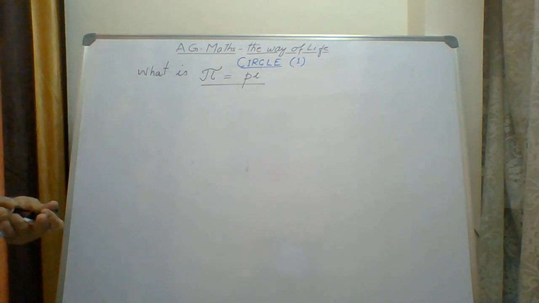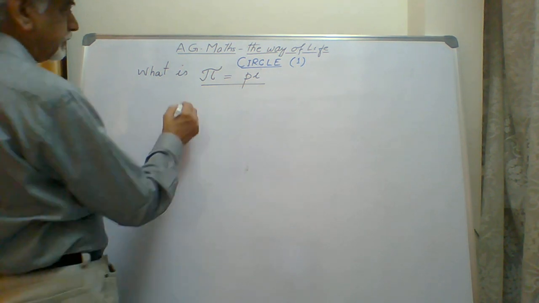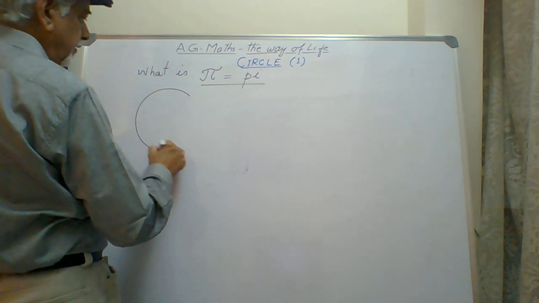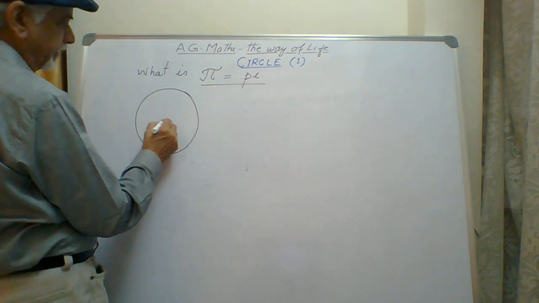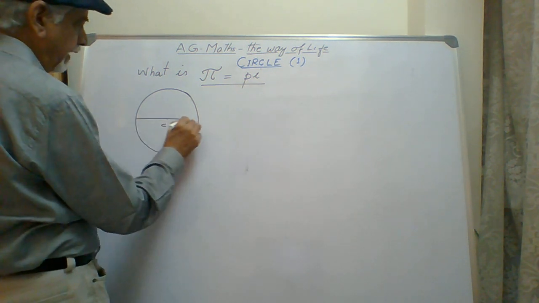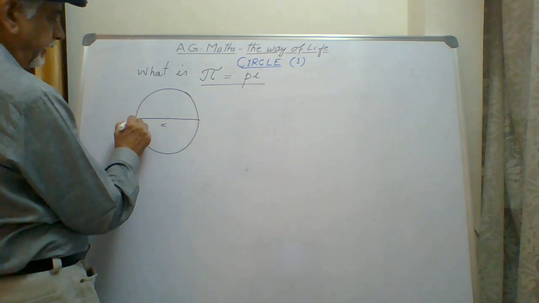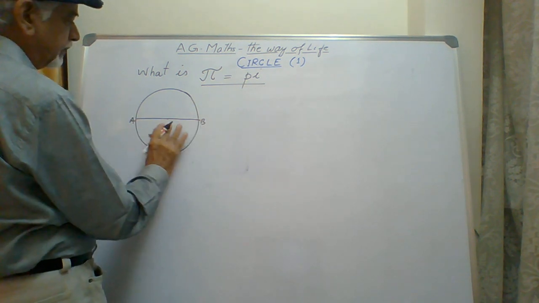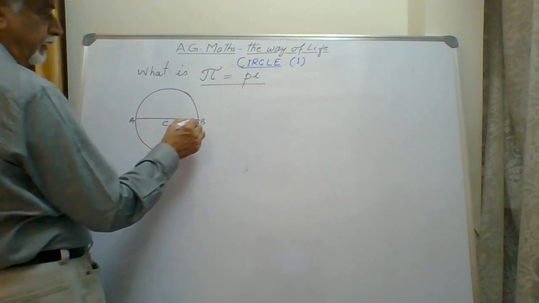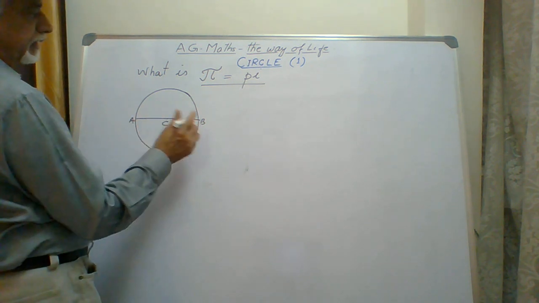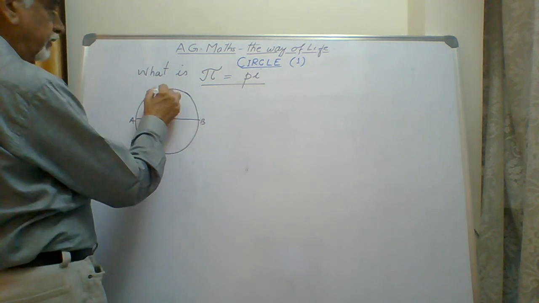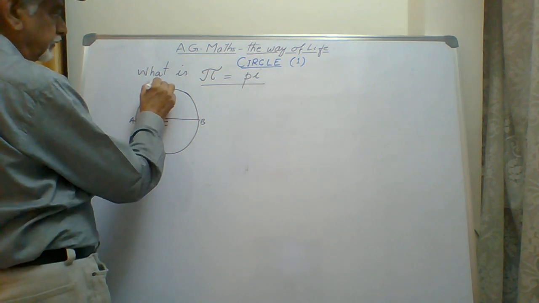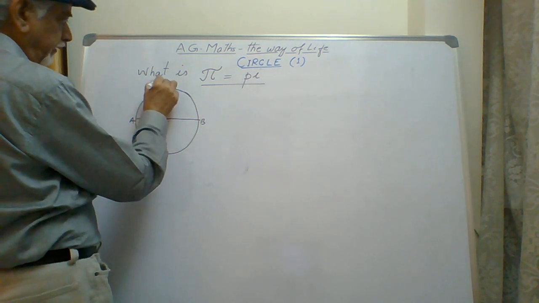To find out what pi is, mathematicians again took the help of a circle with center C, and suppose the diameter is AB. AB is the diameter, C is the center. Then the length AB was measured and they started walking from the point B to another point, say P here.